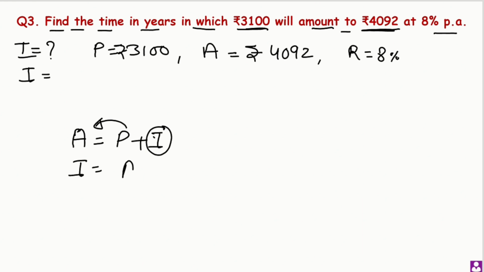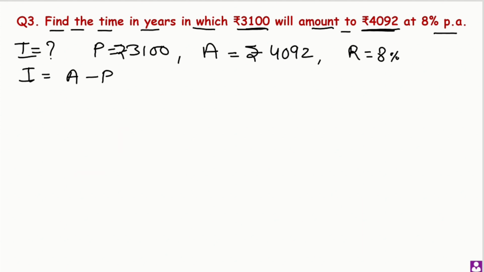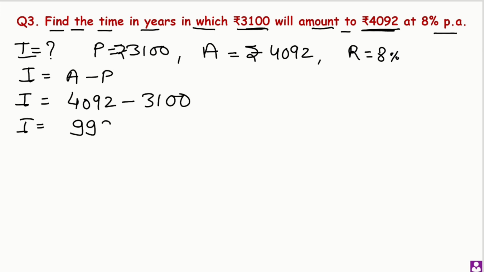So I equals A minus P, because here it is an addition, so it will go as a subtraction. So I will be 4,092 rupees minus 3,100. So we will get 992 rupees. This much is the interest amount.